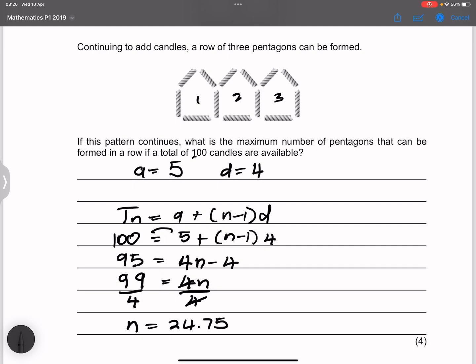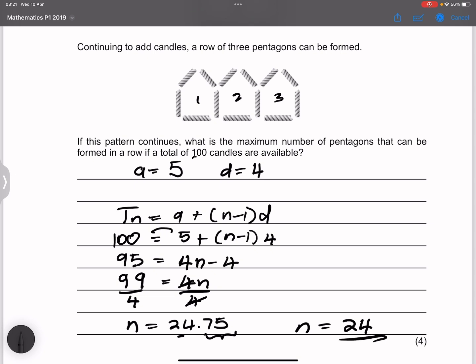Now remember, 0.75 is not a full candle, so it's not a full number. Which means the maximum that we can actually create would be 24. So therefore, the number of pentagons that we can create is 24.